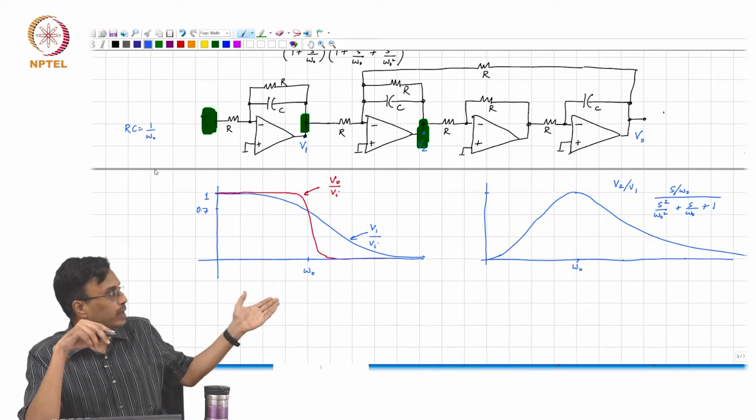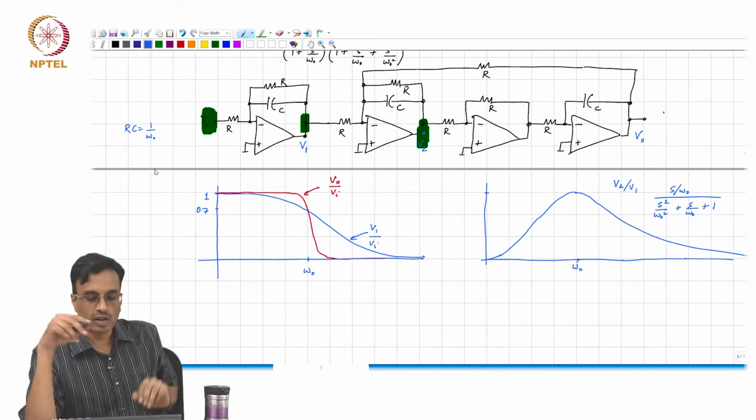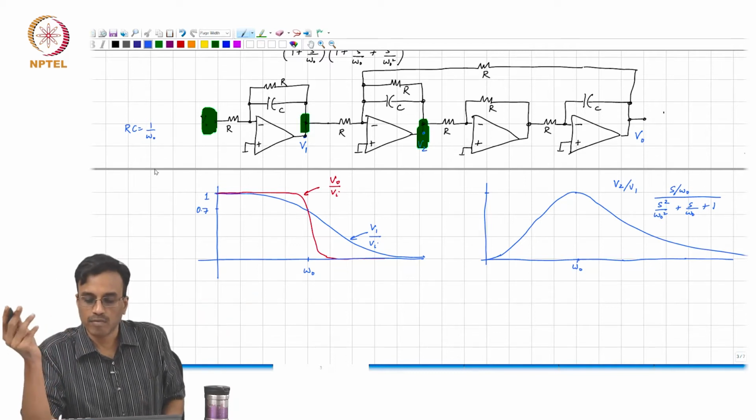So, what do we do to get the magnitude response of V2 over Vi?